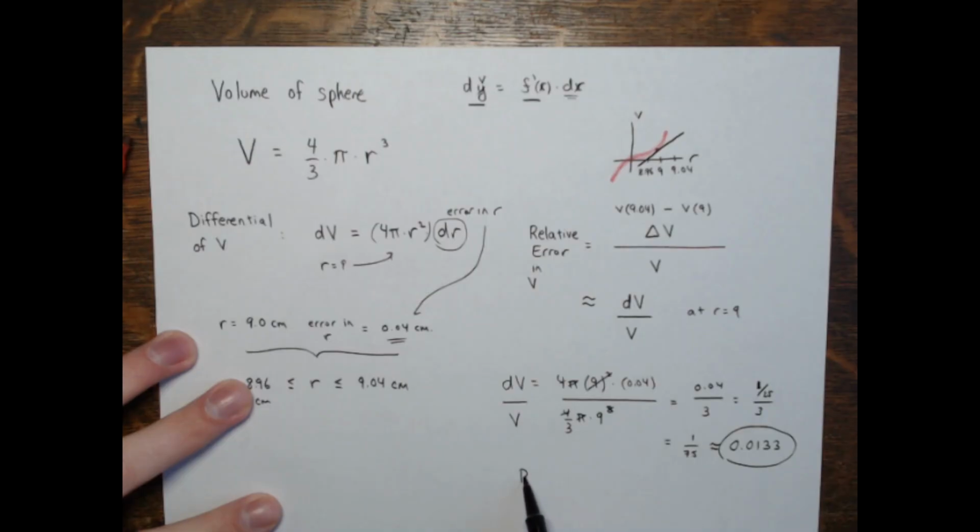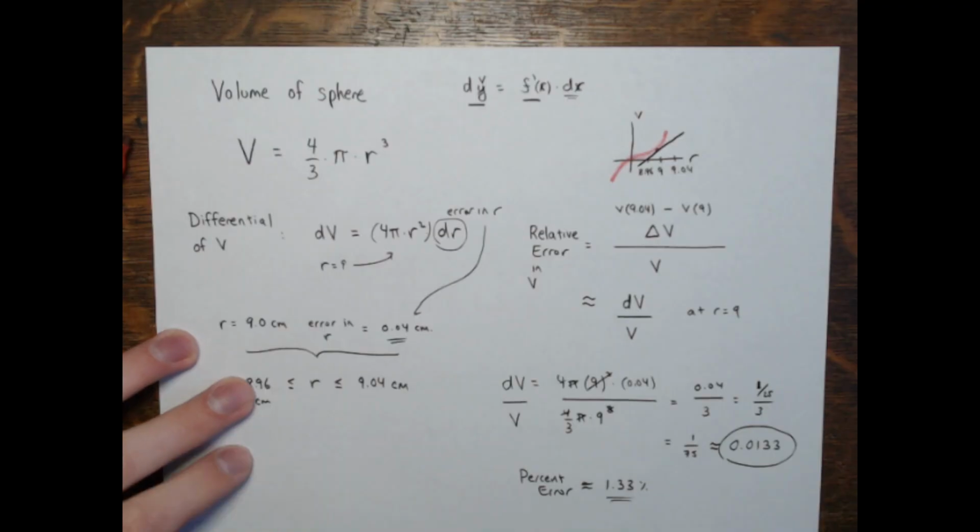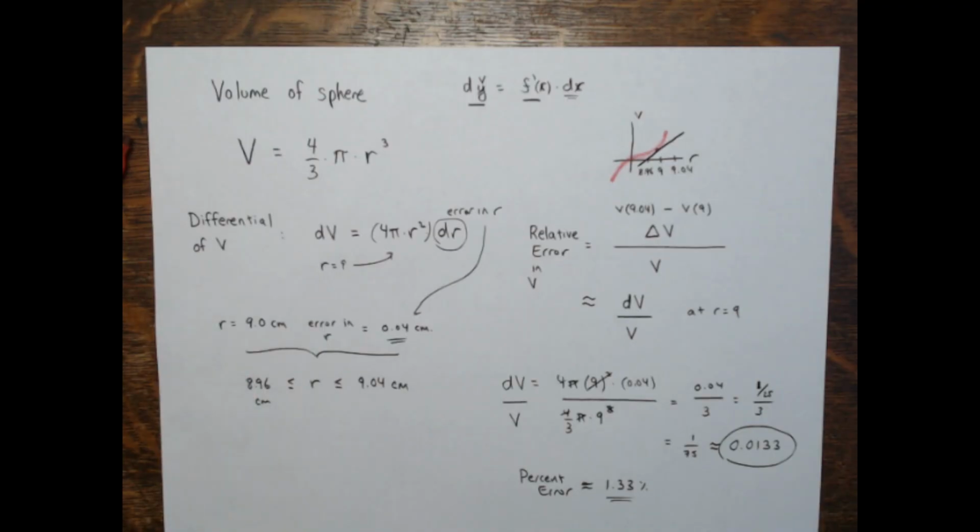Now, if they asked for percent error, you just multiply that by 100. Move the decimal place to the right twice, would be about 1.33% error. So what all this is saying, it's a lot of jargon here.